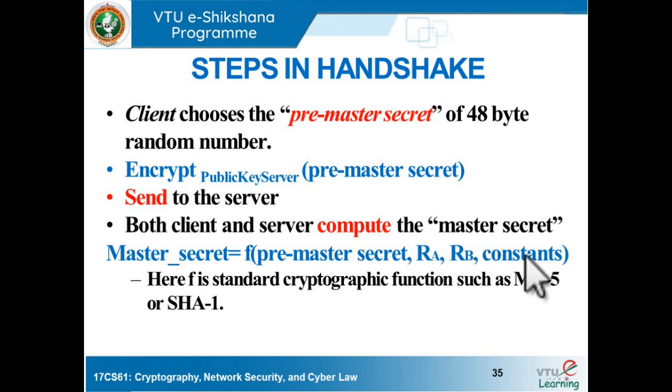Over all of these parameters, this cryptographic function F is applied. Now this cryptographic function could be either MD5 or SHA. Now the outcome of applying this function, we get a master key.